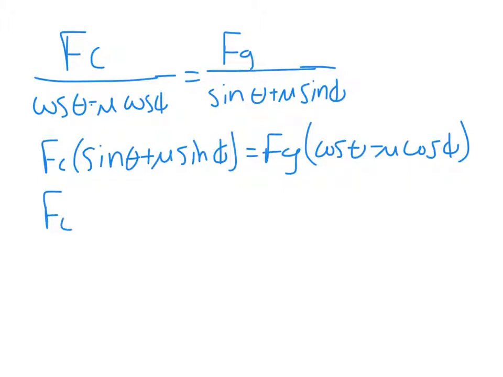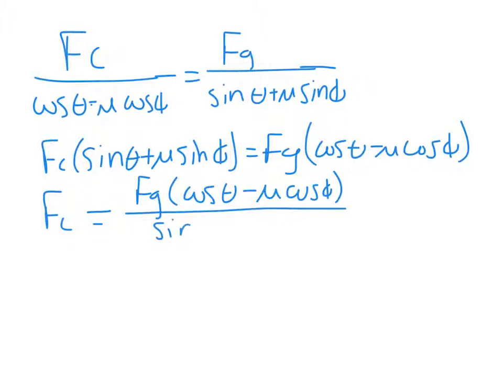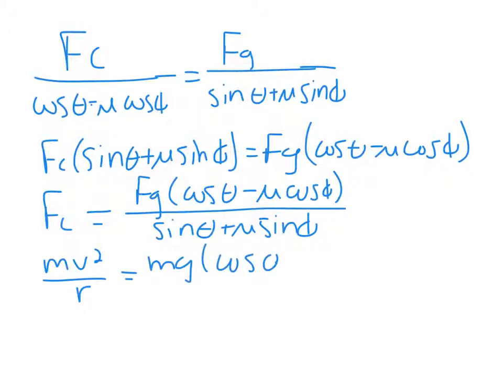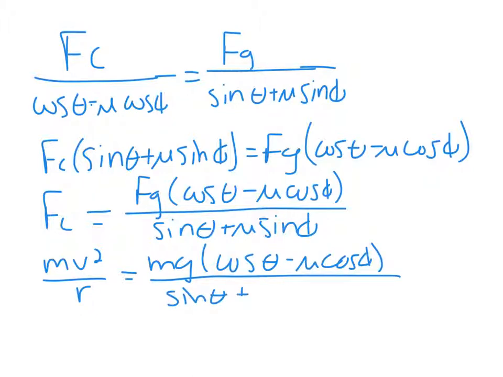We get Fc equals Fg times cosine theta minus mu cosine phi over sine theta plus mu sine phi. Fc equals mv squared over r. Fg equals mg. Cosine theta minus mu cosine phi over sine theta plus mu sine phi.